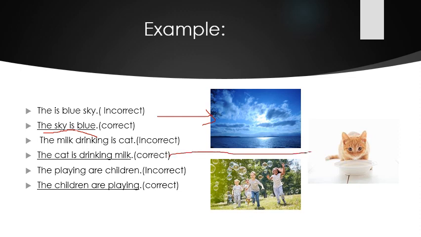Can you see, children, how the cat is drinking milk? The playing are children, no, it's wrong. The children are playing, because you're supposed to use is or are in the given sentences. So please make a note of it. Do not make a sentence without using is or are. Okay?